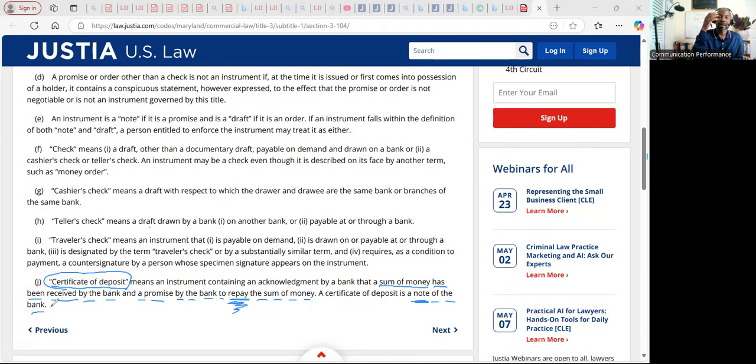So I've proven that the bank gets a sum of money or funds based off of these two definitions and the Federal Reserve documents that we've read in previous videos. So I believe that I've established already that college students fund their own loan when they give the bank or their school that master promissory note.